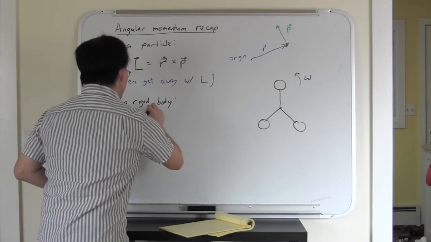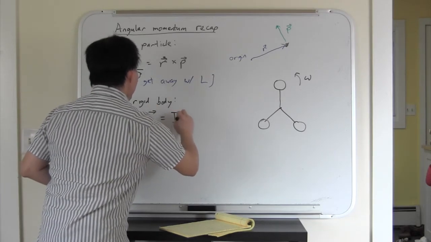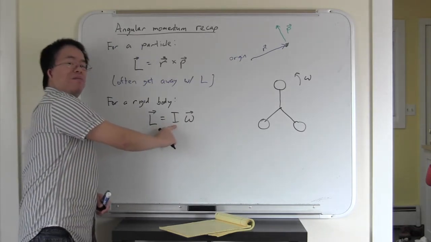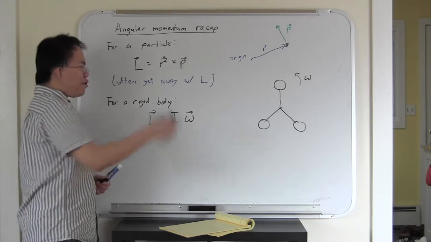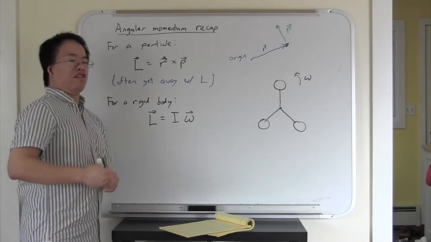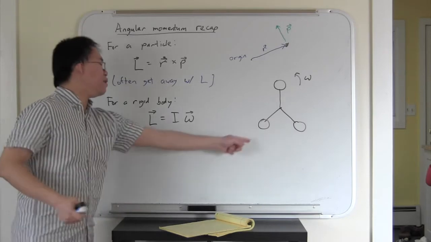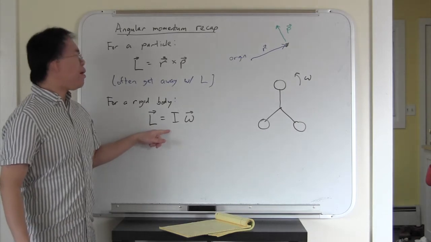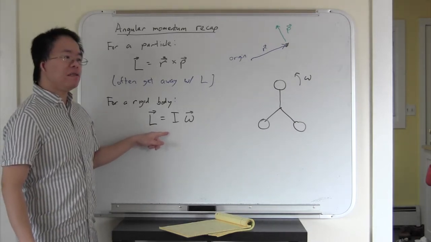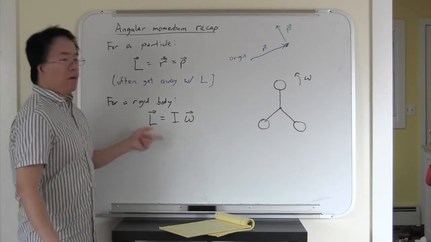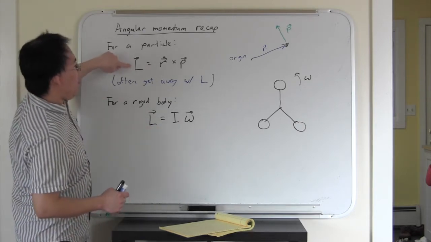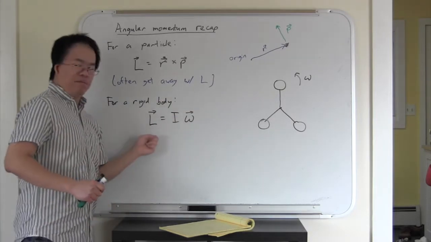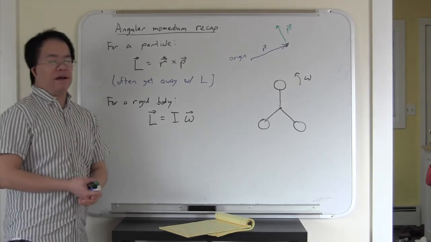For a rigid body, we might have talked about L equals I omega, where I is the moment of inertia, or the rotational inertia, of my rigid body, which accounts for how mass is distributed in my rigid object. Where this comes from, we probably didn't do this derivation in detail, but it's not so hard to do. Basically, you apply r cross p to each of the masses in your object, and then you pop out that L goes like I omega.